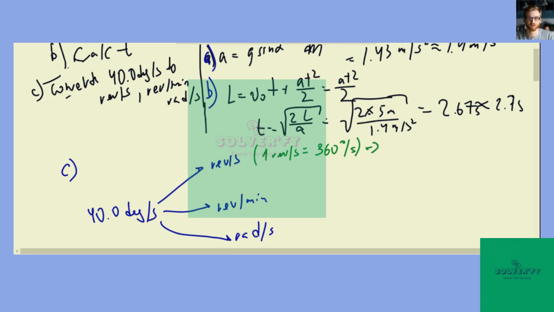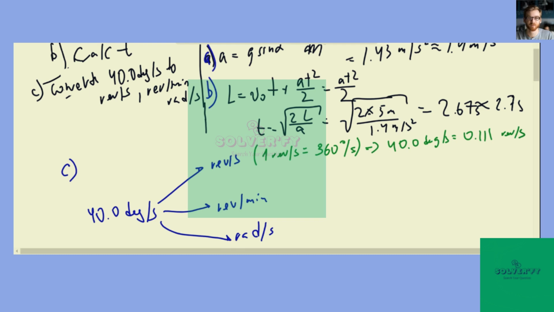So therefore, 40.0 degrees per second equals 0.0111 revolutions per second.